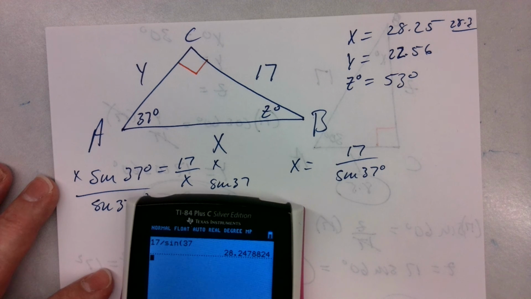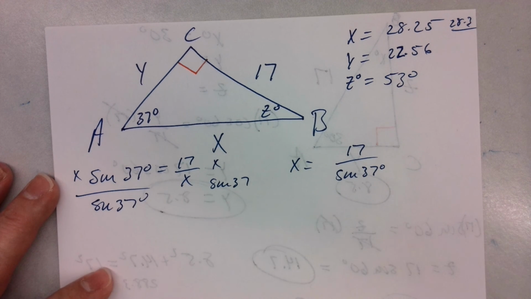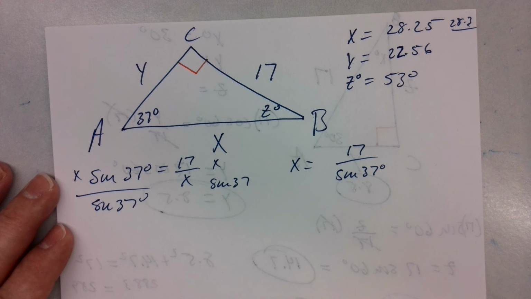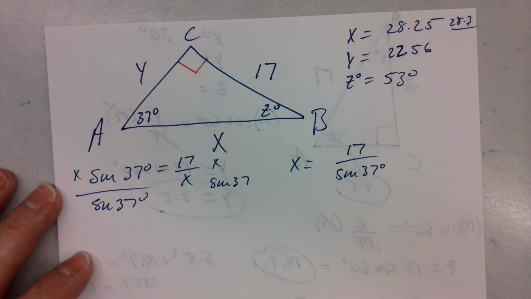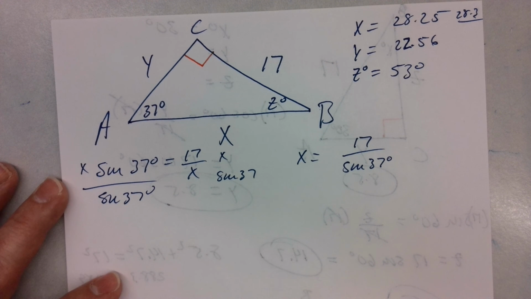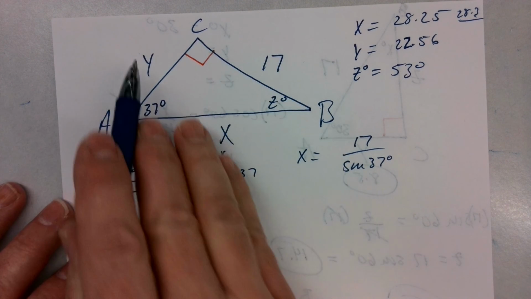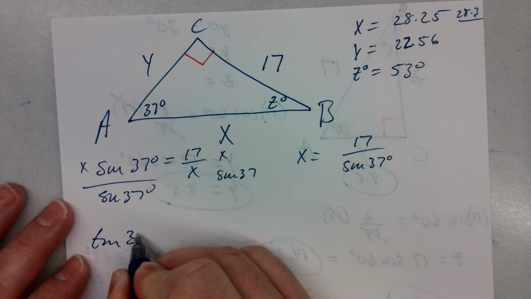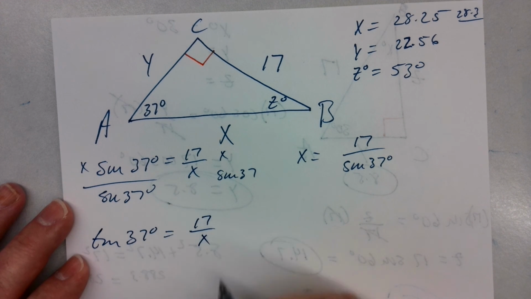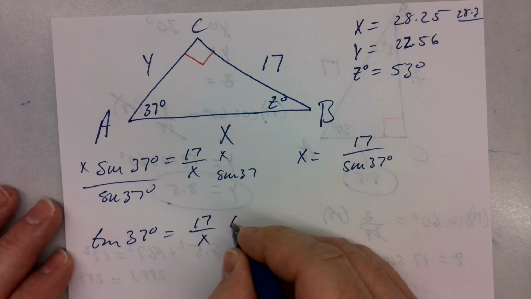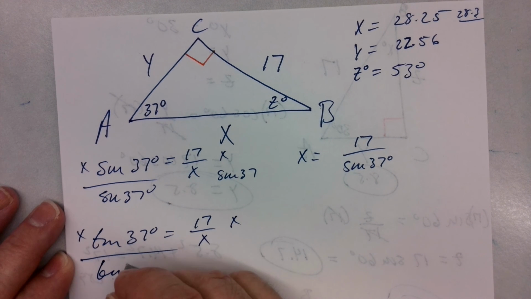Right? Okay. And then for y, now I'm going to use what? Tangent of 37 is opposite over adjacent. So the tangent of 37 is 17 over x, right? Times by x, divide by the tangent of 37.